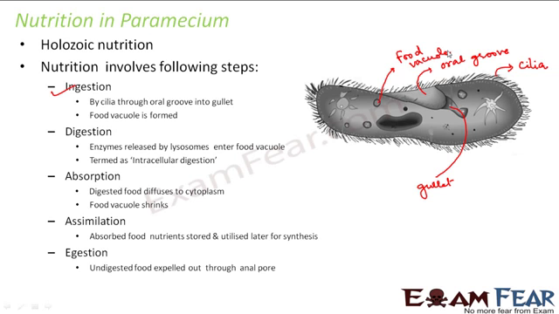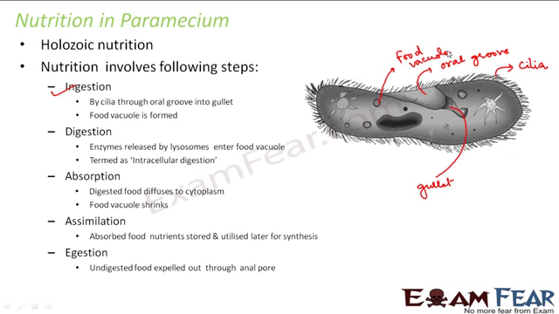So it will keep floating in the cytoplasm, moving from one place to another. So this is how ingestion takes place. Ingestion happens with the help of cilia through the oral groove and goes into the gullet. When enough food is accumulated, a food vacuole is formed which keeps circulating in the cytoplasm.